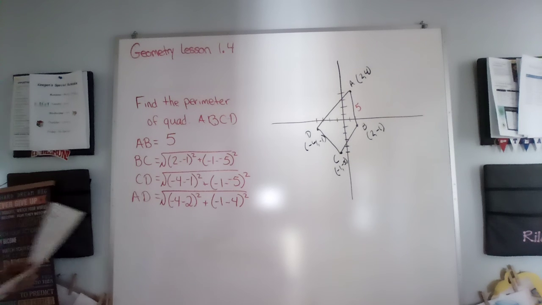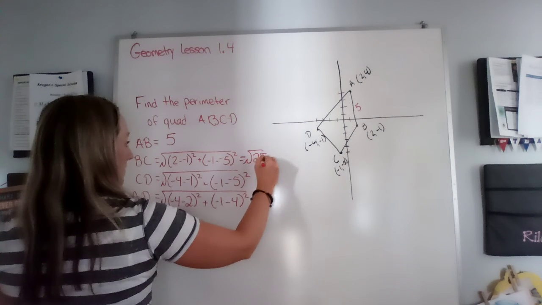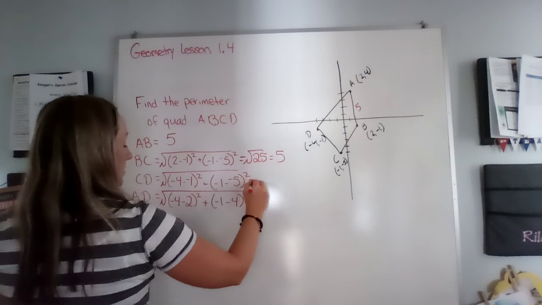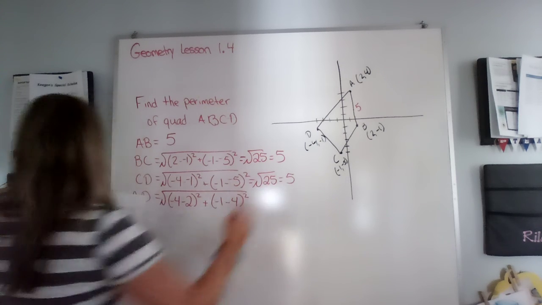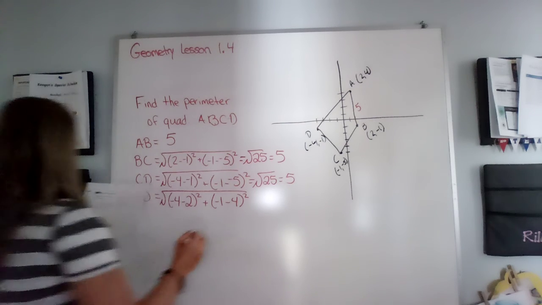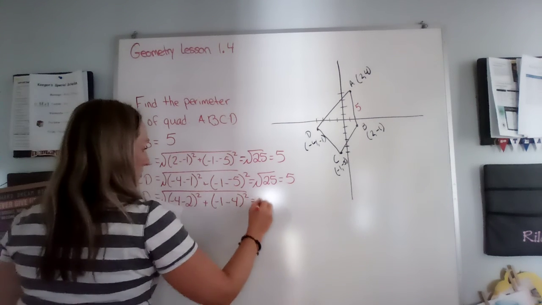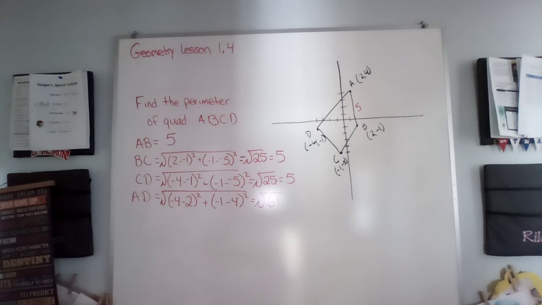And then when you simplify, okay, the first one's going to simplify to the square root of 25, which is going to be 5. The second one is also going to be the square root of 25, which is 5. And the last one is going to be the square root of 61, which is not a perfect square factor. So we're just going to leave it like that. Okay?